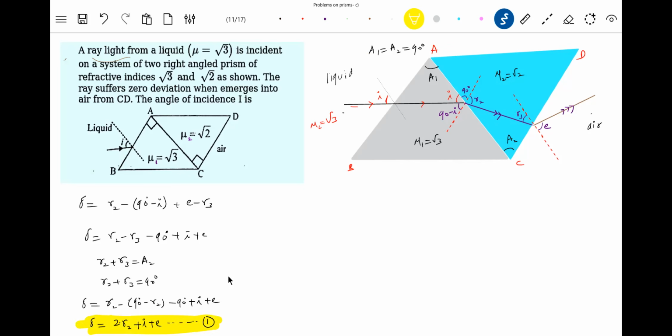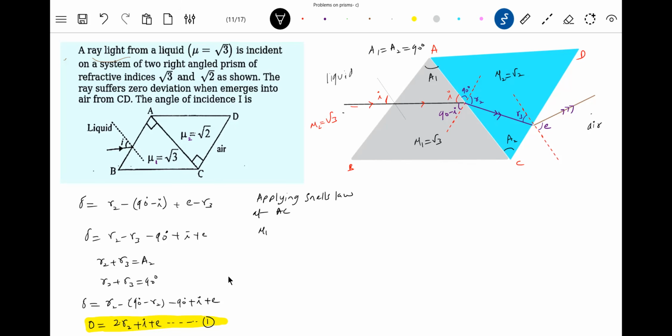We know net deviation is 0. I have to substitute this one. Net deviation is 0. Keep this in mind. So we have to calculate that I. For that, we don't know R2 and E. We'll apply Snell's law at AC.